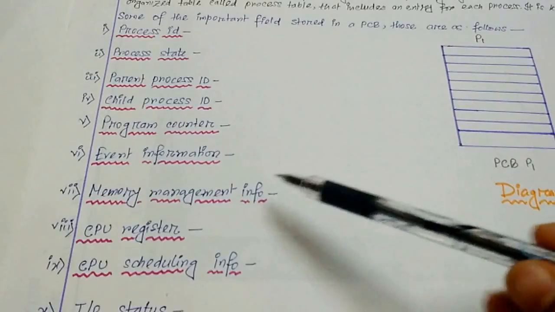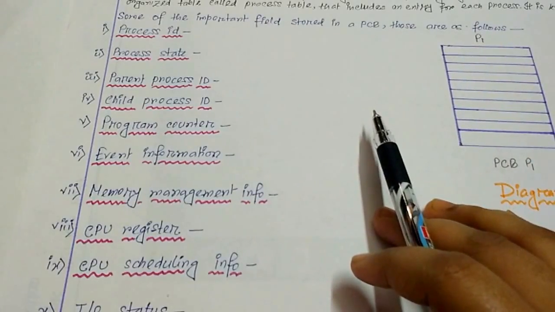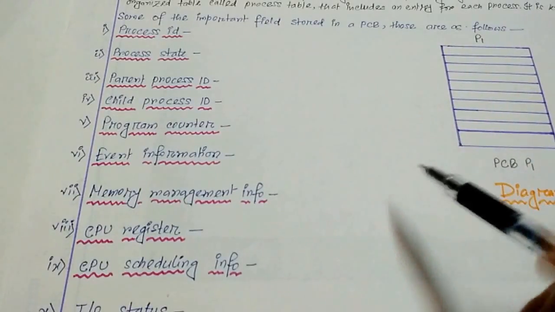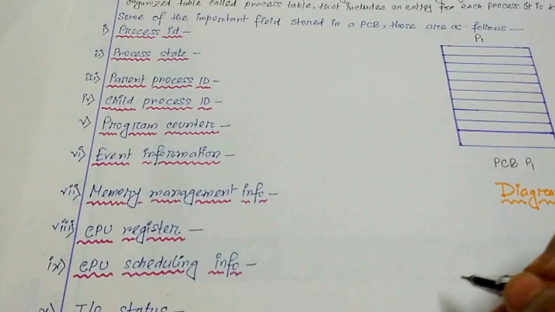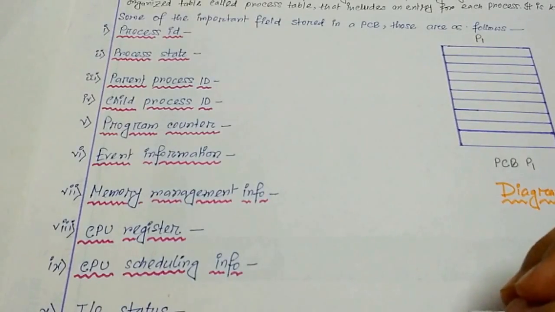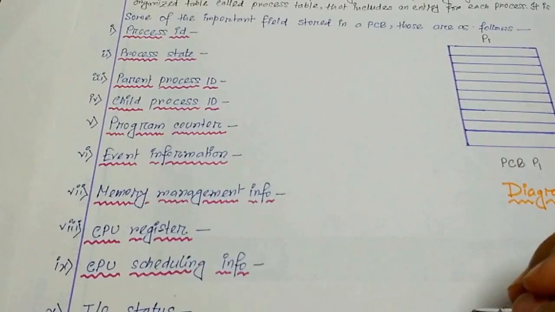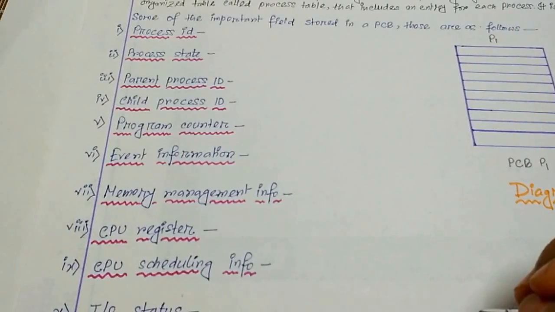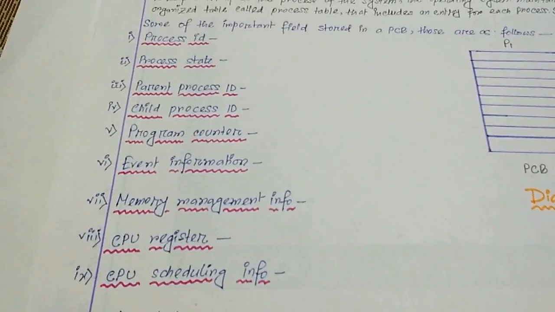So, first comes what is process ID. Each process is assigned a unique identification number called process identifier by the operating system at the time of its creation. It is used to refer to the process in the operating system. So, what is process ID?